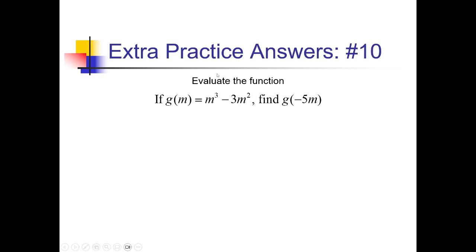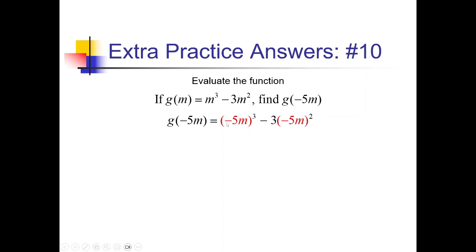For number 10, we've got the g function, plugging negative 5m in for m in this. So this is going to be negative 5m in parentheses, cubed, minus 3 times parentheses negative 5m squared. Negative 5m cubed, we have to cube the negative 5 and the m separately.